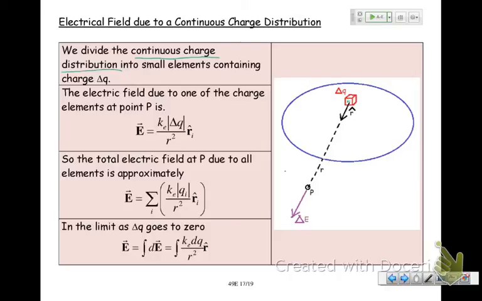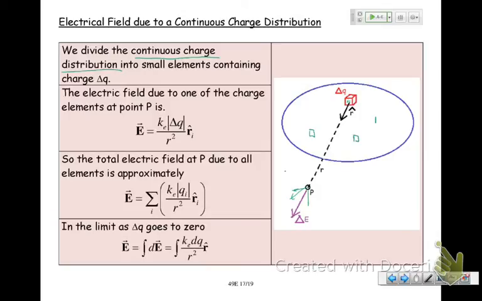Now, the unit vector will point in the appropriate direction. So if this is a positive charge, the electric field is going to be pointing away. If this was a negative charge, it would be pointing towards. So I've got to do some visualization there. So the total electric field at this point of interest, there'd be little contributions from all over this thing.